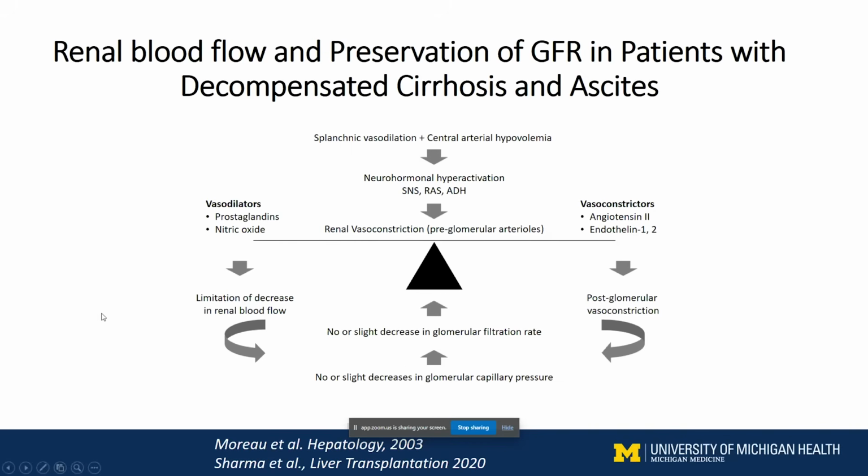This balance causes a decrease in the renal blood flow because there is pre-glomerular arterial vasoconstriction, which causes no or slight decrease in glomerular capillary pressure, which further causes no or slight decrease in glomerular filtration rate.